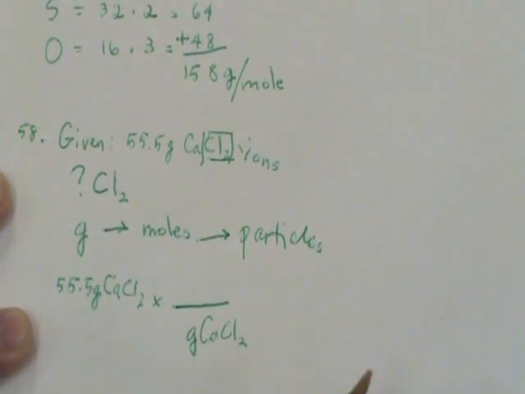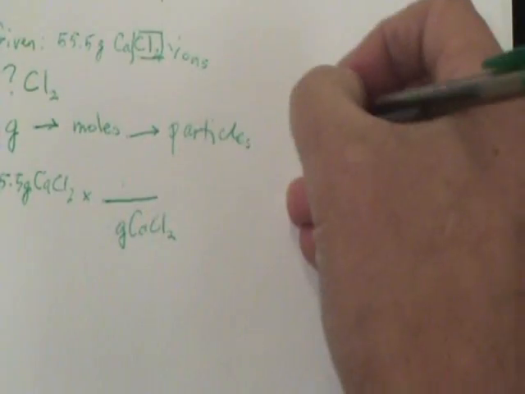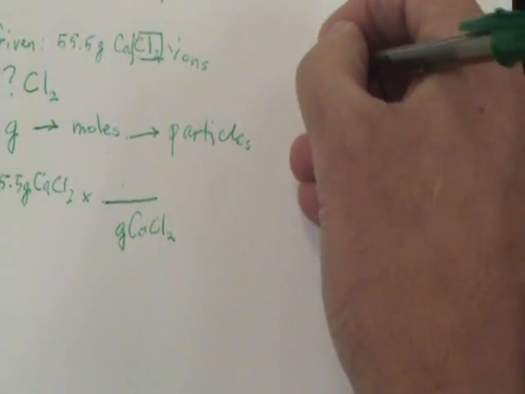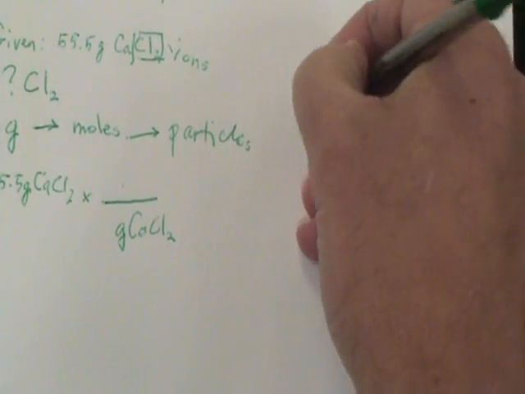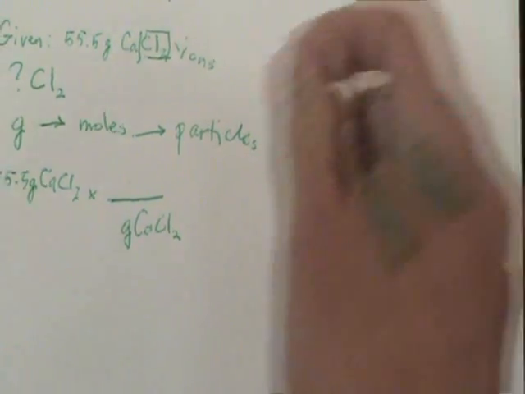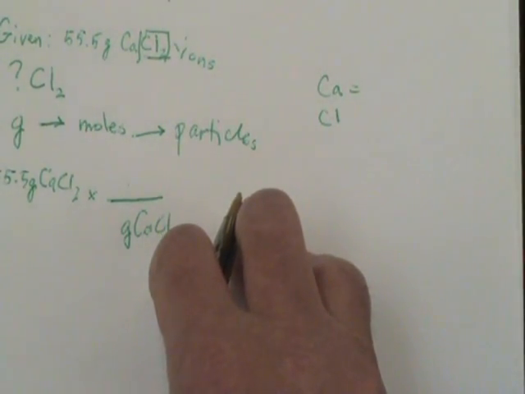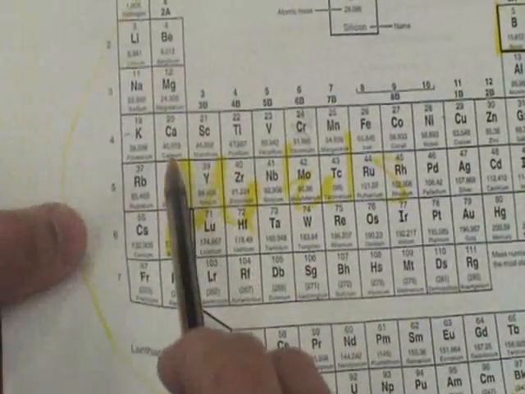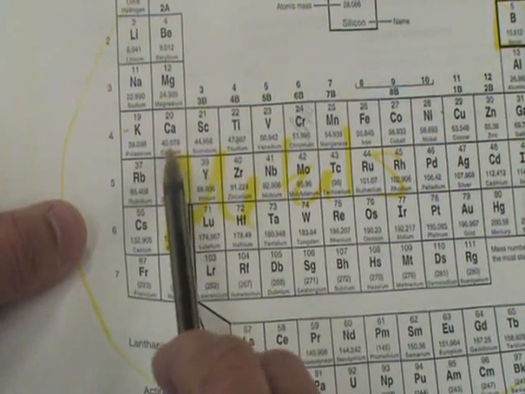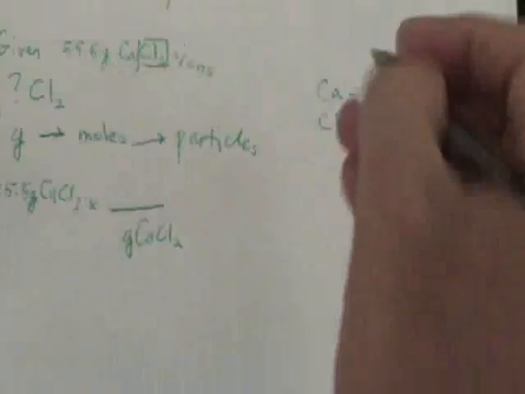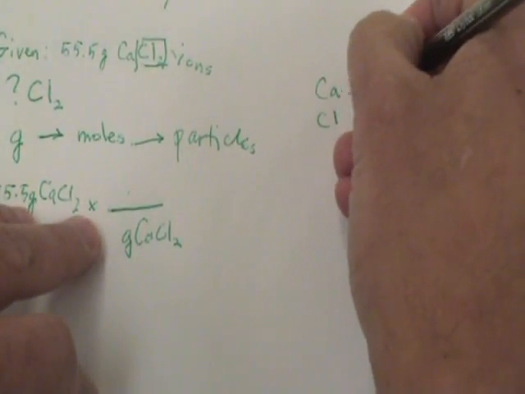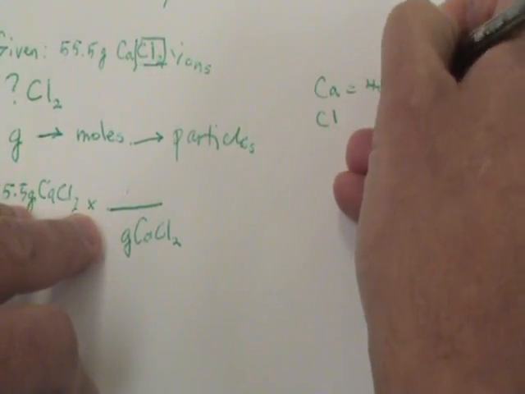Just like what we did earlier, let's break it down. I'm going to write it over here to the side. Let's get down the molar mass of calcium chloride. Again, let's look at your periodic table. There's calcium. 1 mole is 40.078 grams. So I'm going to write it down here.